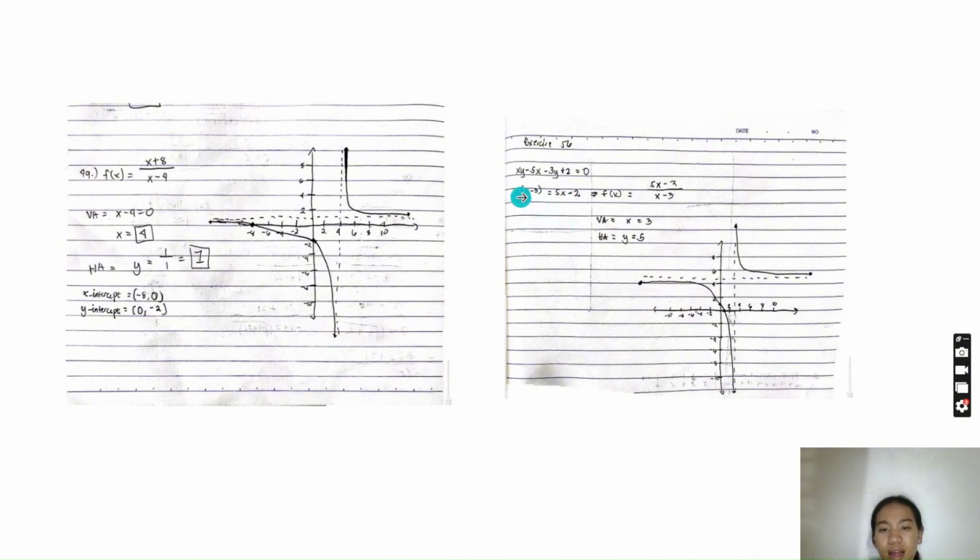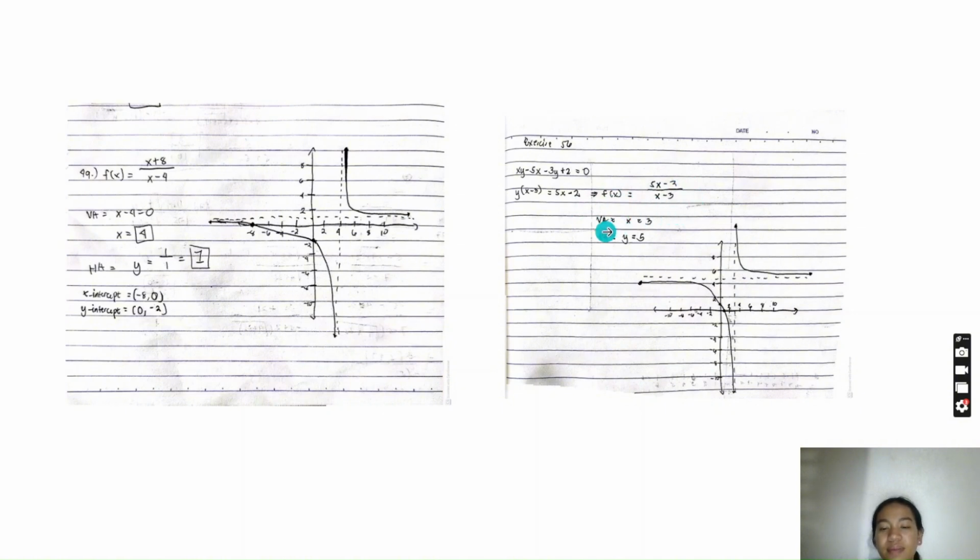So xy minus 3y can be factored as y times the quantity x minus 3 equals 5x minus 2. Since we can only have the y's here, we transpose the other values. And that gives us f of x equals 5x minus 2 all over x minus 3.